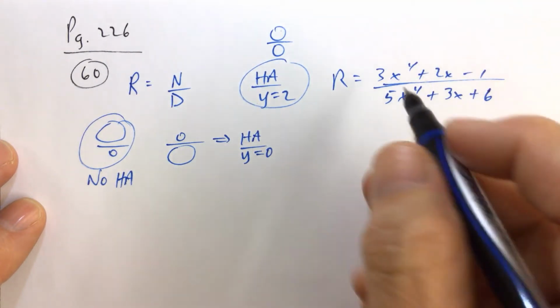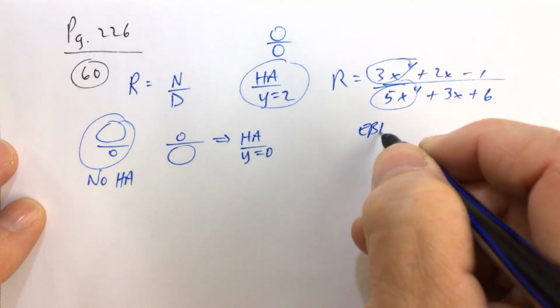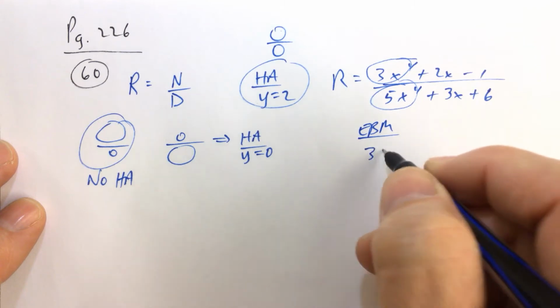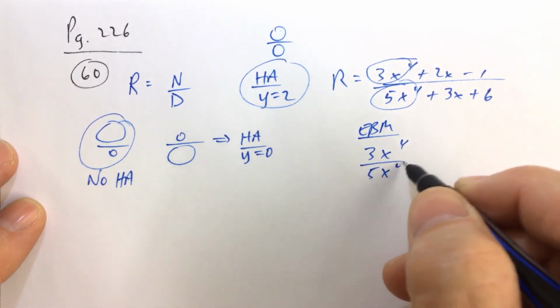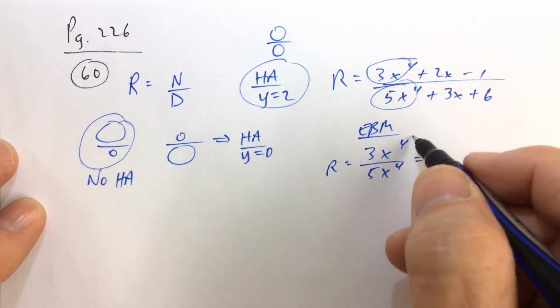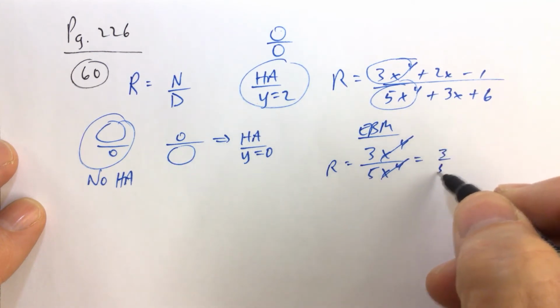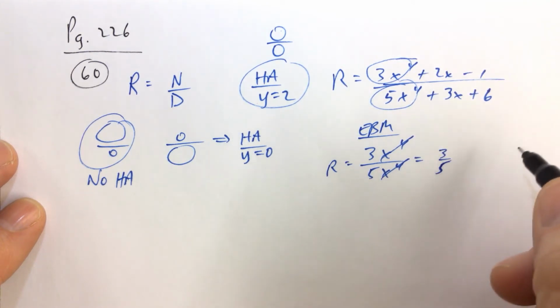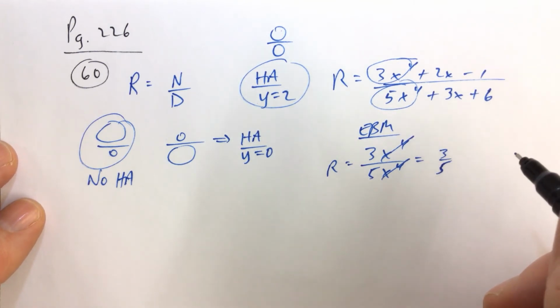Here our end behavior model is going to be the leading coefficient followed by the leading term, 3x to the fourth over 5x to the fourth. When x gets really, really big, the x to the fourth cancel out, and you just get y equals a real number. That's our end behavior model, and y equals that real number would be our horizontal asymptote.